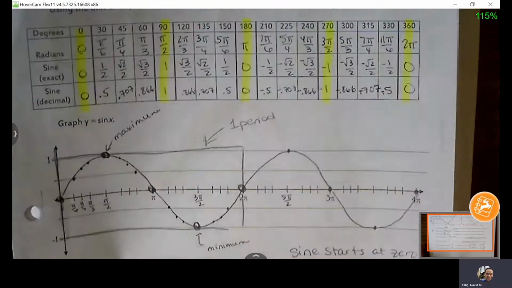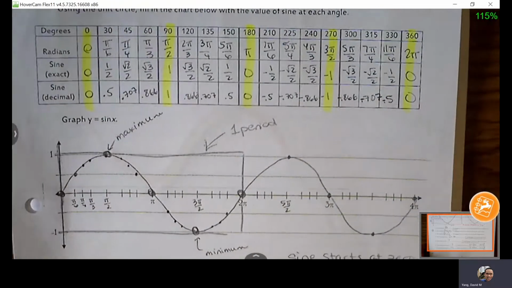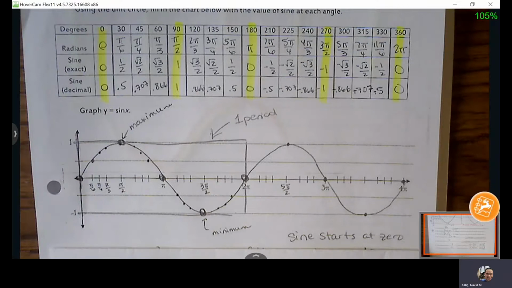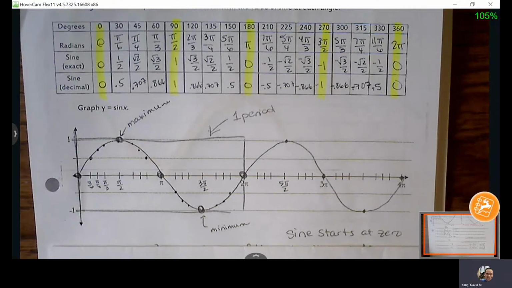Okay, some of you may still be working through your chart and your curve, but I'm going to see if we can move on to talking about the graph in general.